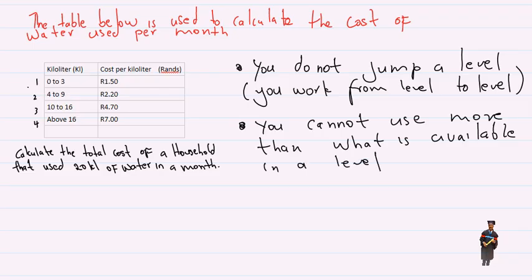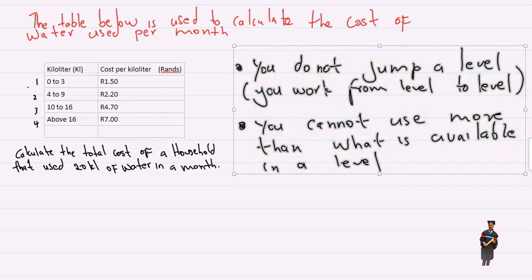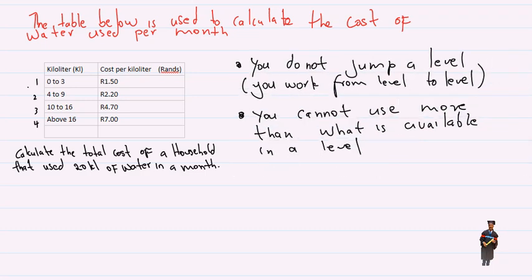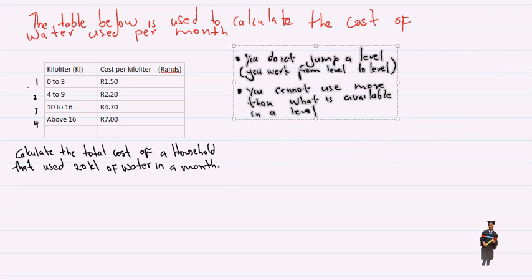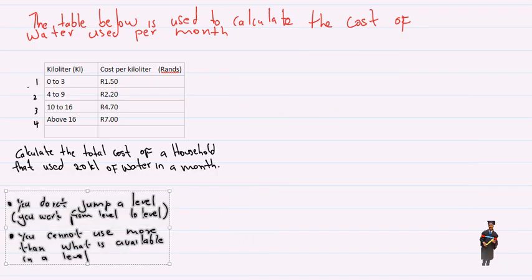I think these are the two key conditions that you have to follow as you are working with stepped tariffs. You do not jump a level. You work from level to level. You cannot use more than what is available in a level. Keeping these two conditions in mind, now we are going to start the calculations.